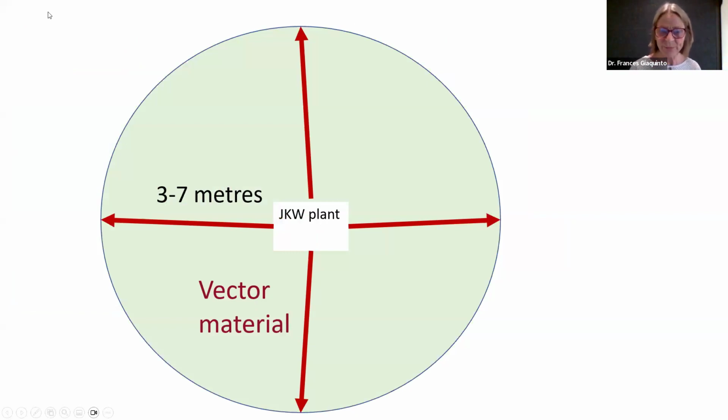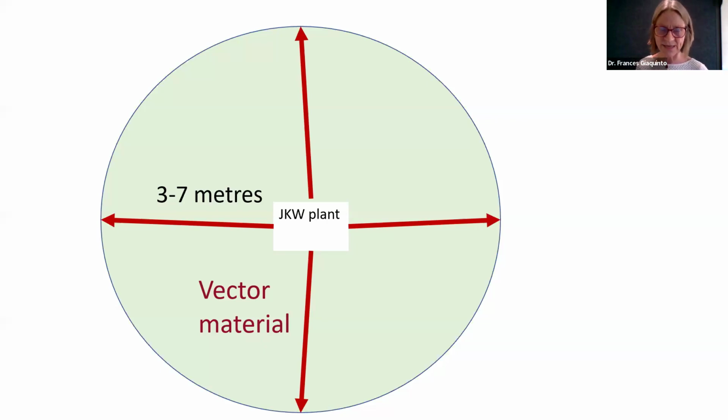Now, when you have a Japanese knotweed plant, here is the knotweed plant. That rhizome system extends in all directions. Some people reckon it extends up to 7 meters. This was the industry standard for a long period of time. Now, most people say that the rhizome system of even a mature Japanese knotweed plant will not extend 7 meters.